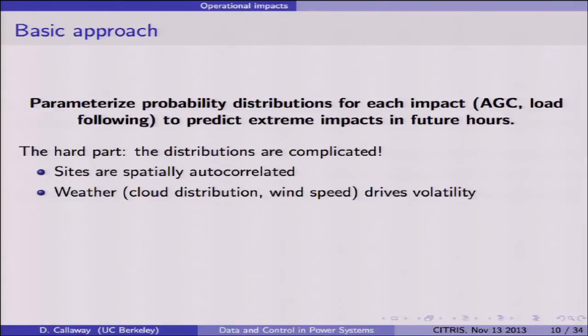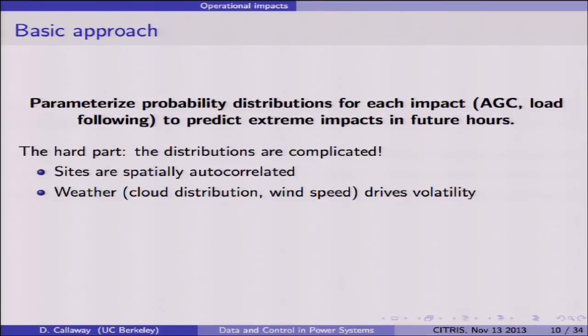The hard part is that the distributions are quite complicated, as you might imagine. So there's no parametric probability distribution that we can just plop down on the time series itself. The sites themselves are also spatially autocorrelated, as I suggested a little while ago. So if it's cloudy here, it tends to be cloudy over here, but it's a little bit less likely to be cloudy over here and even less likely to be cloudy over here.